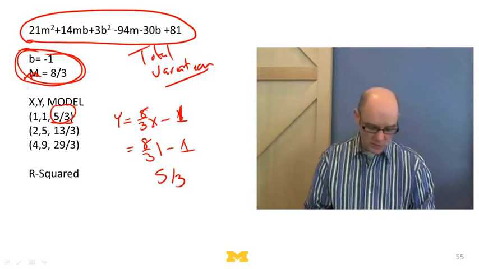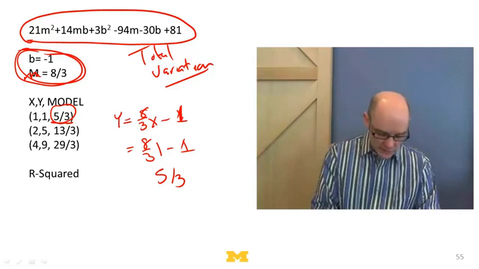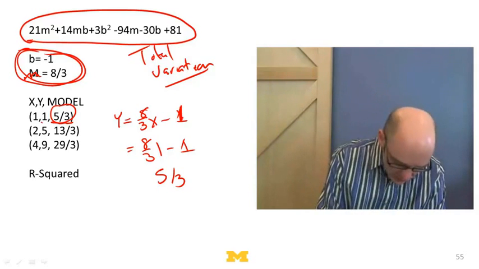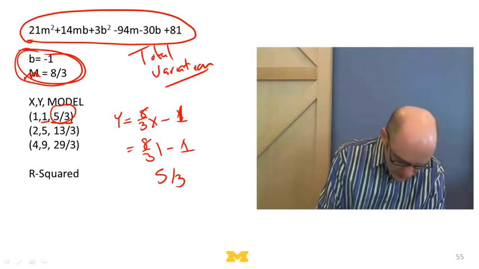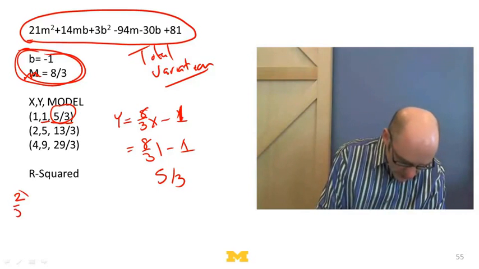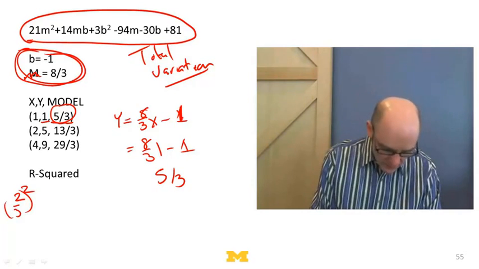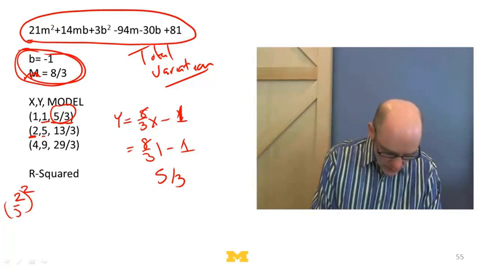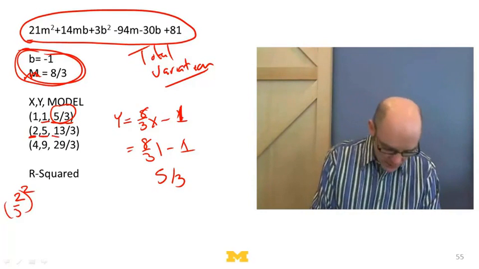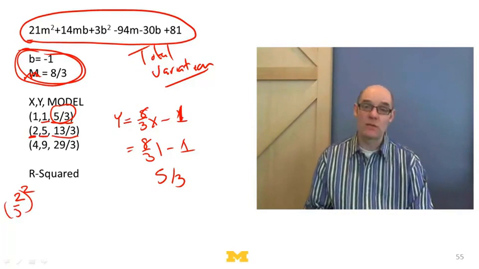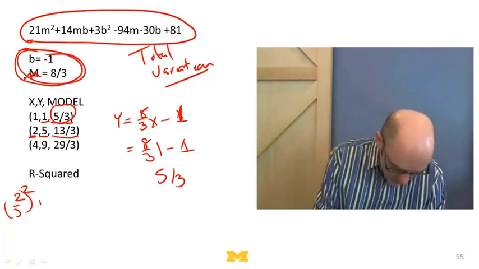And the actual value is 1. So if we look at the difference between our prediction and the actual value, it's just going to be 2/3, right? So the contribution to r squared is going to be 2/3 squared. When we take x equals 2, the real value is 5. Our model, if we plug it in here, is going to give us 13/3. That's also off by 2/3.